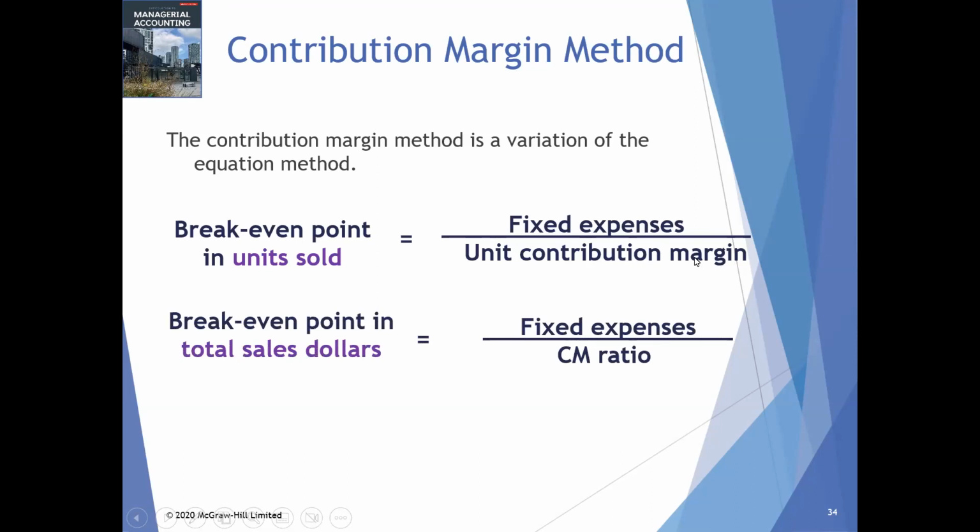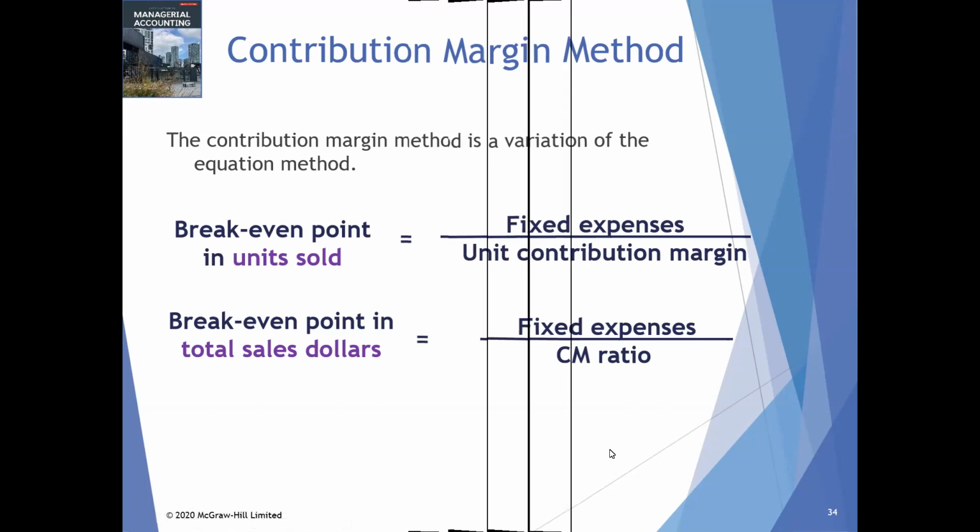Unit contribution margin means selling price per unit minus the variable cost per unit. In this way we will be able to calculate the break-even units sold. For the break-even point of total sales in dollars, we calculate the fixed expenses divided by the CM ratio. The CM ratio is selling price minus variable cost, divided by selling price.